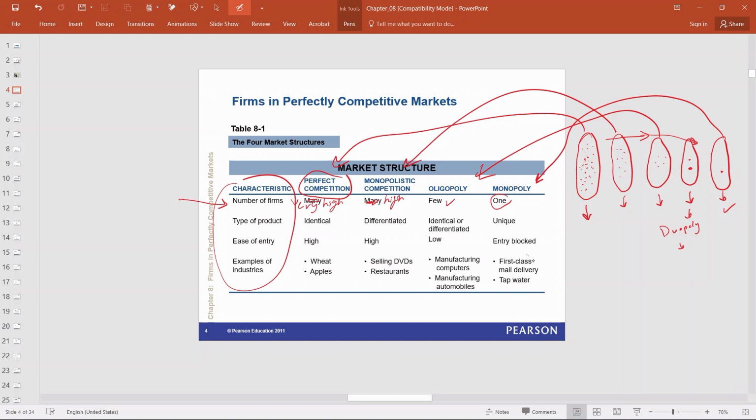And the examples of these markets, so let's start with the easiest. In monopoly, you can find firms operating in just one industry, like electrical firms, for example, Kahramaa in Qatar.